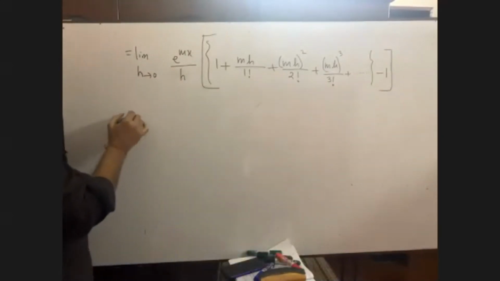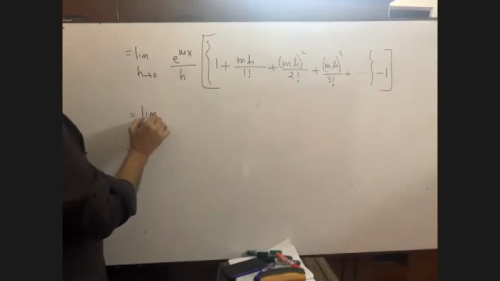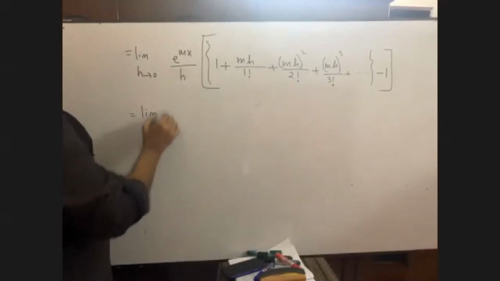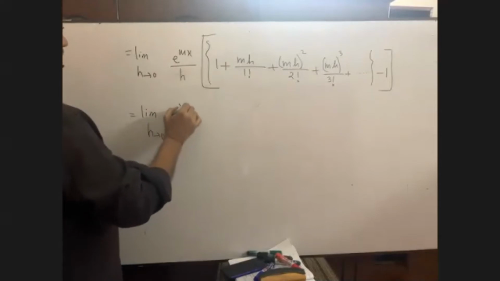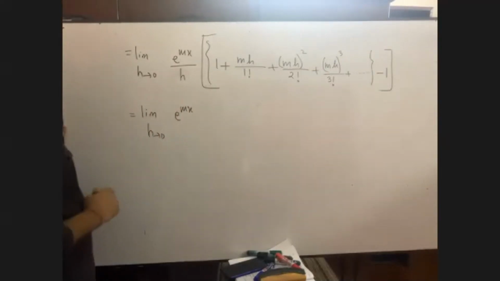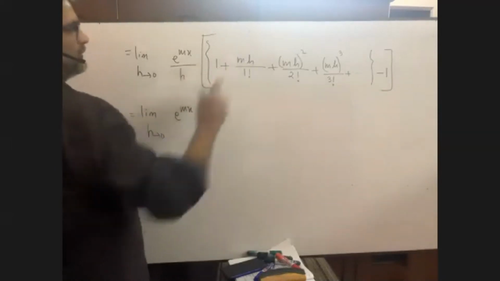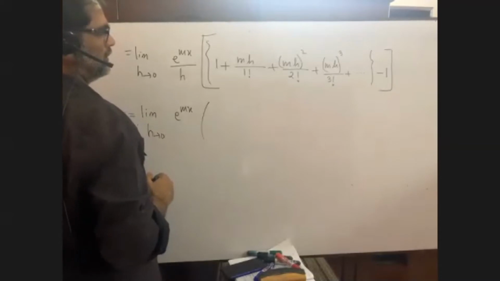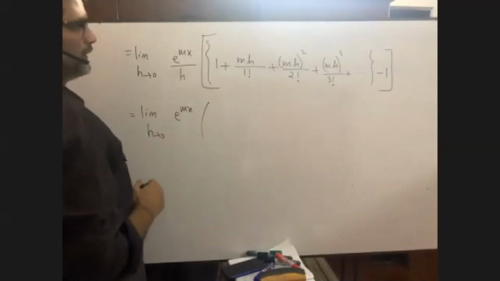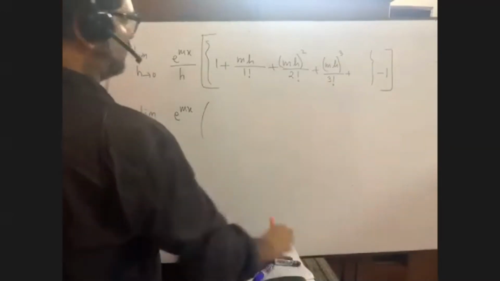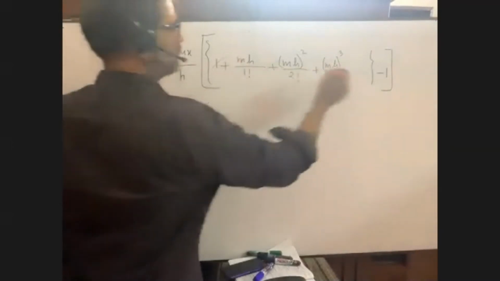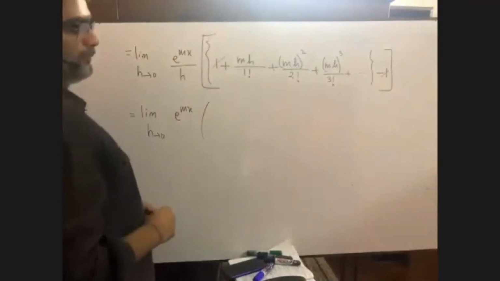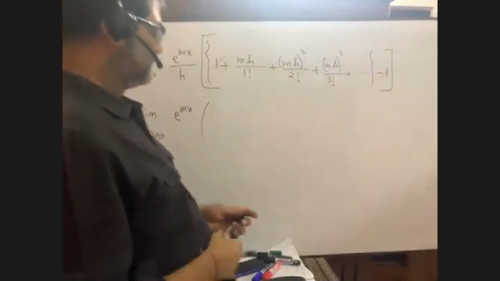Okay, that is limit h tends to 0, it is e to the power mx. Now divide by h. You see, here in this math, 1 will be omitted, right? Now divide by h.